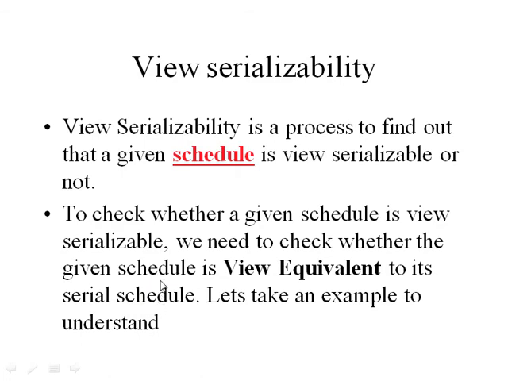Just listen to the definition; we will see examples, so you can understand by seeing the example. If a given schedule is view equivalent to its serial schedule, then that schedule is called view serializable.